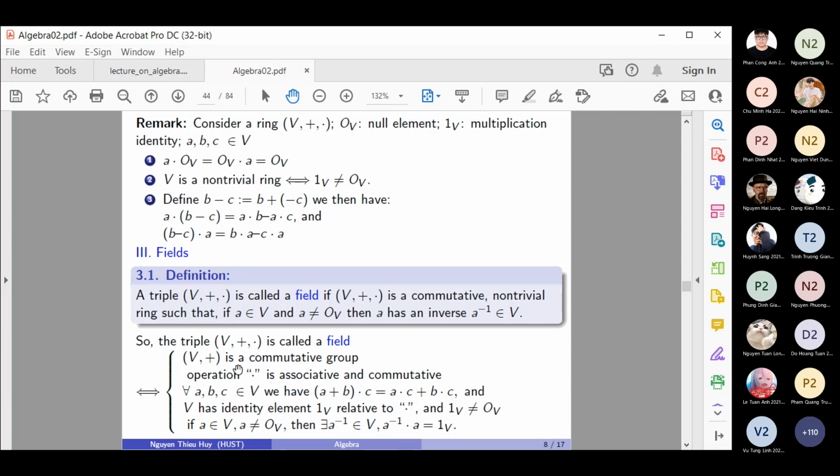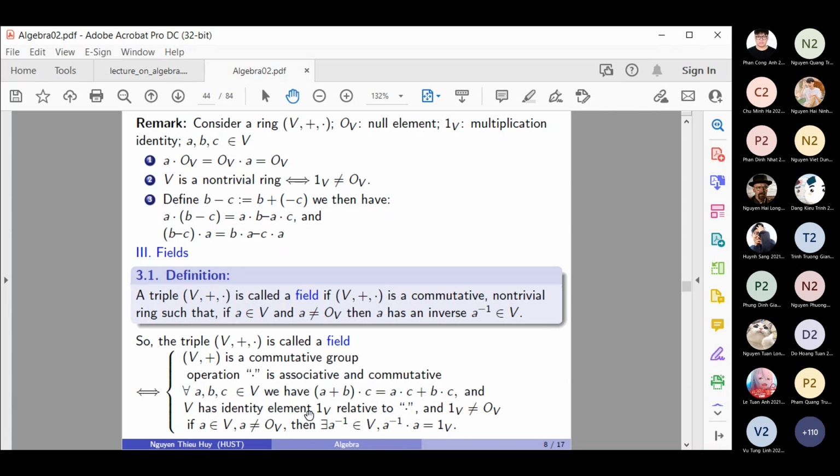Yeah, so V plus should be a commutative group. The operation multiplication here is not only associative but also commutative. And we have the distributive property. In this case we have to write only one order because the multiplication here is already commutative. You know, if you change the order, then you obtain the same.